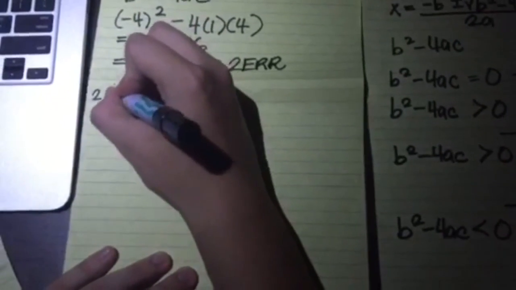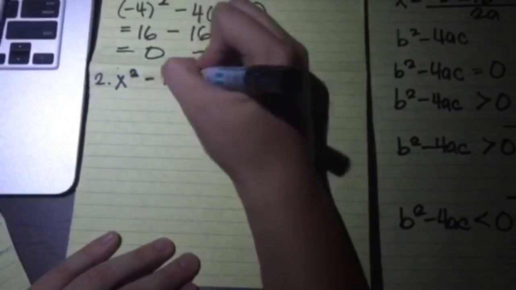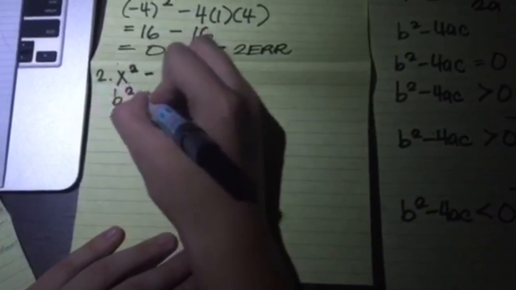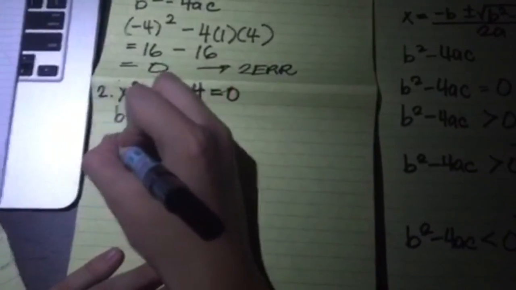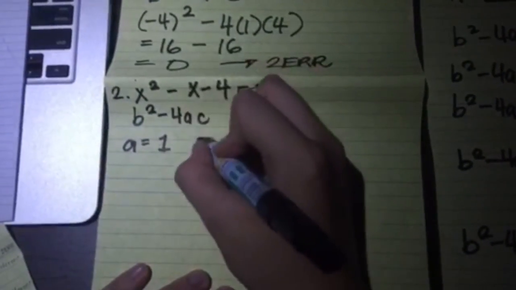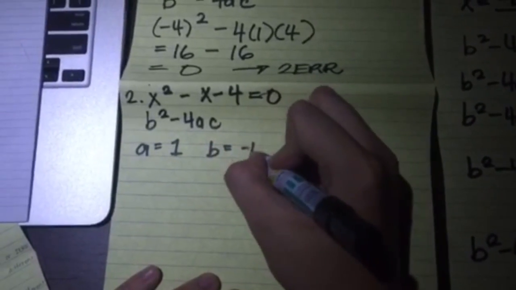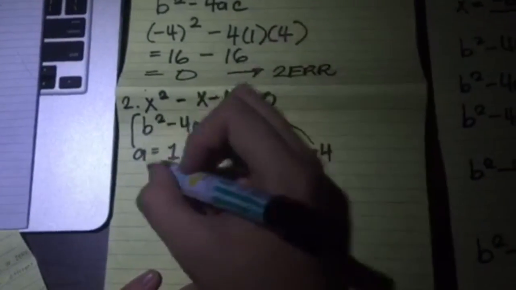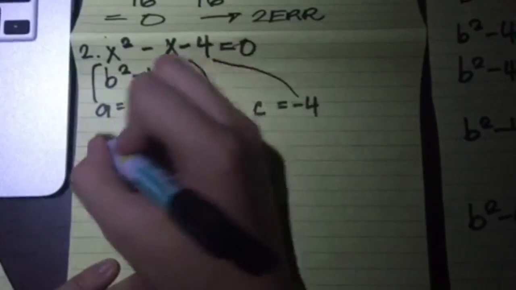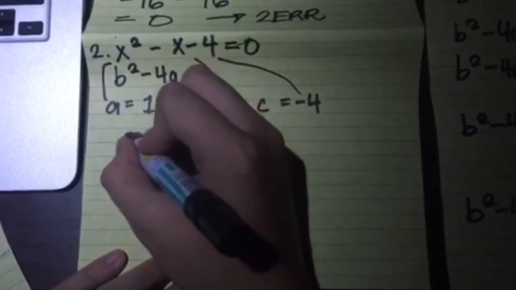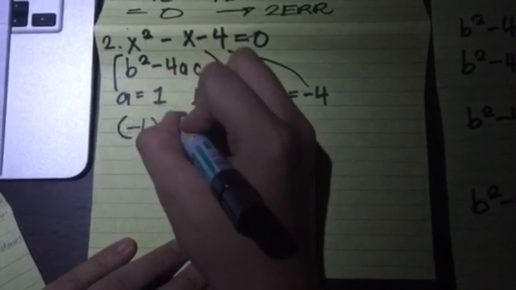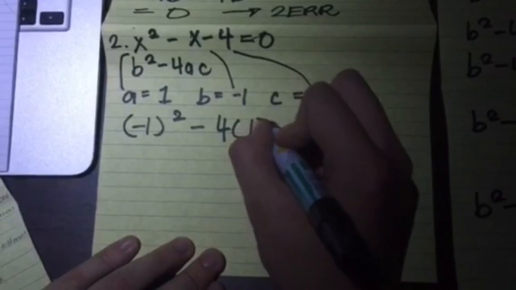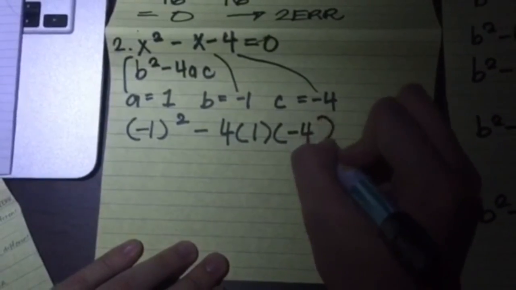Number 2. x squared minus x minus 4 equals 0. Using also the discriminant formula, a is 1, b is negative 1, c is negative 4. Substituting, b squared minus 4ac is negative 1 squared minus 4 times 1 times negative 4.